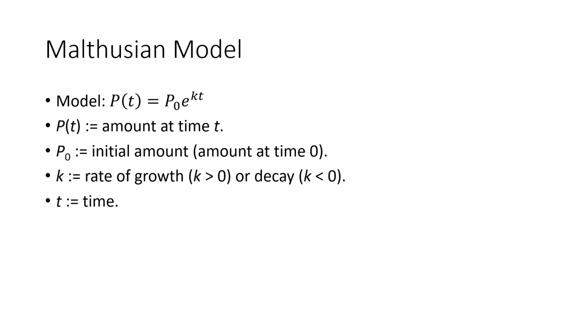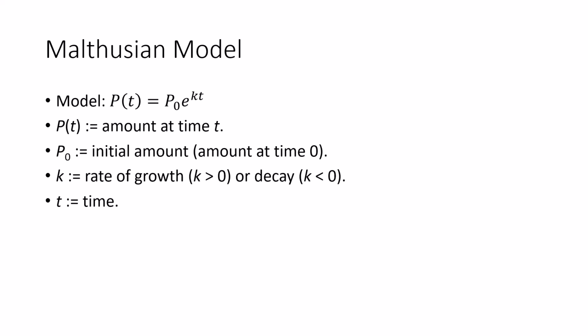The Malthusian model has a very simple structure. It is modeled by P of t equal to P naught, or P sub 0. It'll be referred to as P naught in this series. So we have P naught times e, that's that 2.718 number, and that e number is raised to the kt power.